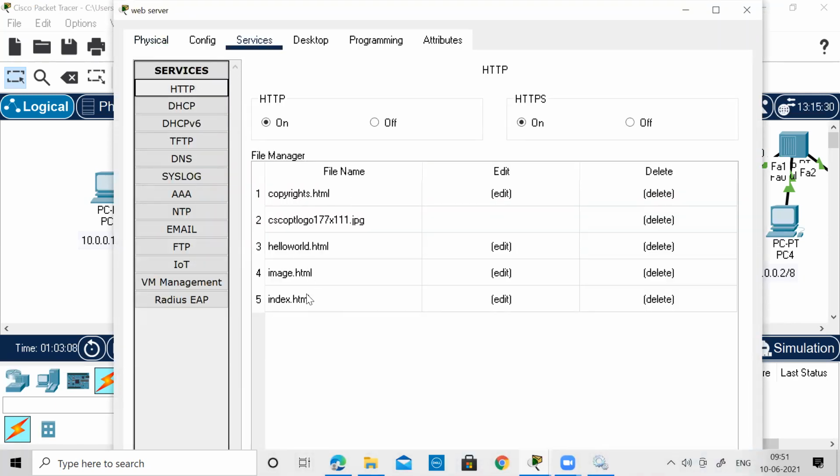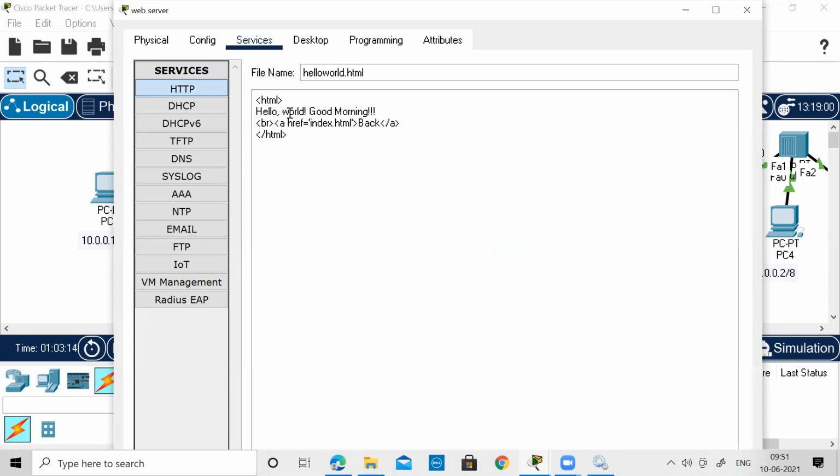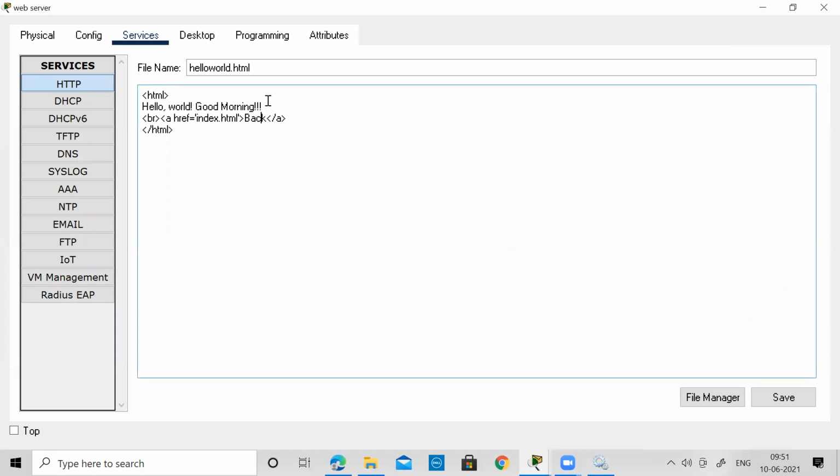There are some HTML template files, and I edited the hello world HTML file to show you hello world, good morning. Let's say I want to add something more today. I can just say good day, and I save it.